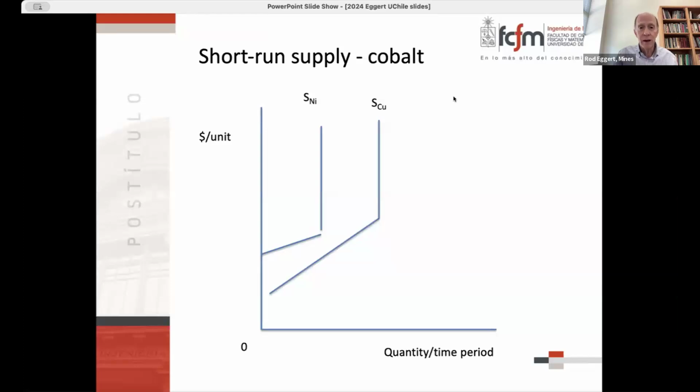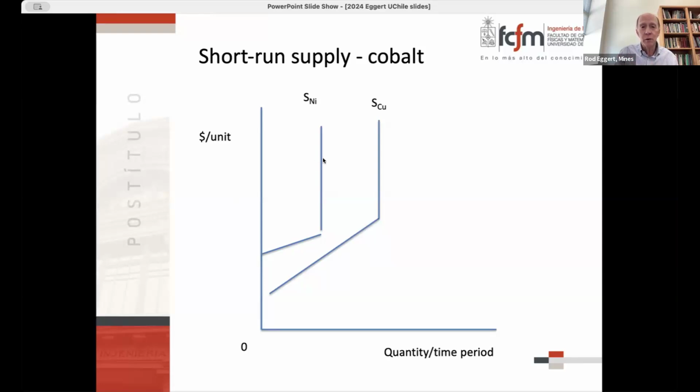The way I've drawn the diagrams, cobalt has lower costs when produced from copper mines. That's what this positioning means: the cobalt-from-copper curve is lower than the cobalt-from-nickel curve. So byproduct cobalt from copper in this diagram is cheaper than from nickel. Is that really true? I have no idea, but I imagine one source is generally cheaper than the other.